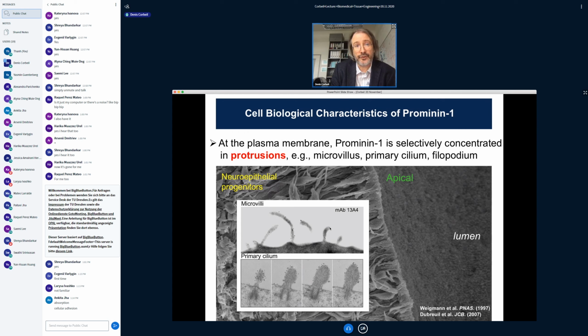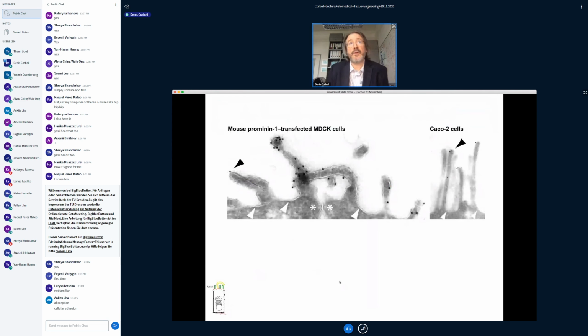It's only in the protrusion. Here, it's a primary cilium, a developing primary cilium. As you can see, very, very strong staining on the structure and almost no staining on the surface of the cell. Highly concentrated there.